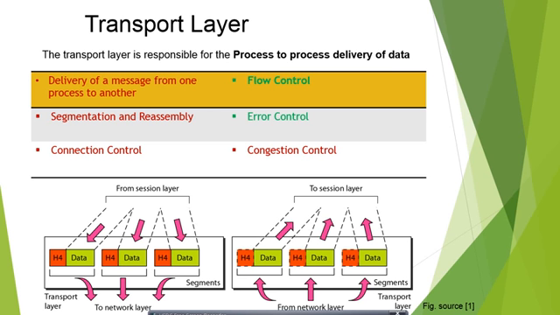So when our data from the session layer is received at the transport layer, the entire data is divided into small chunks known as segments, and each segment is assigned a sequence number. Based on these, at the receiver side the segments are reassembled to form the original data.